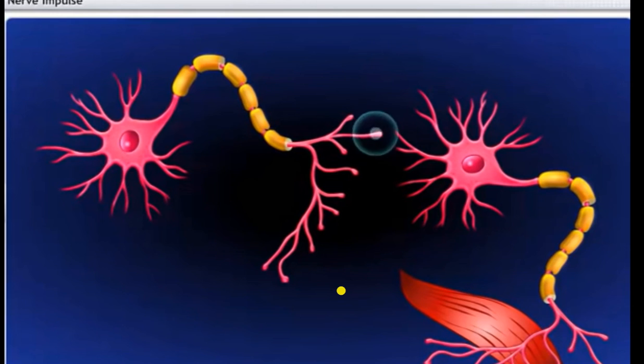At the end of the axon, the electrical impulse releases some chemicals which cross the gap called the synapse and start a similar electrical impulse in the dendrites of the next neuron. This is generally how nervous impulses travel in the body, and this process continues till the impulses from the neurons are delivered to other cells such as muscle cells or glands.